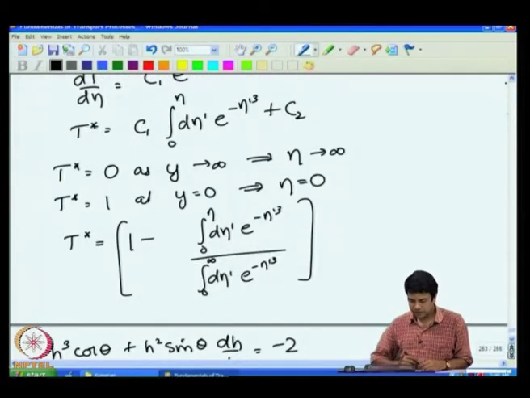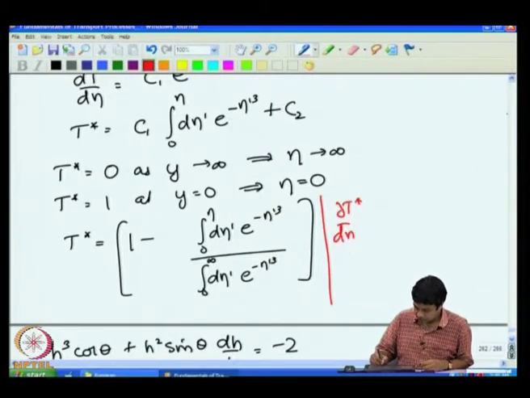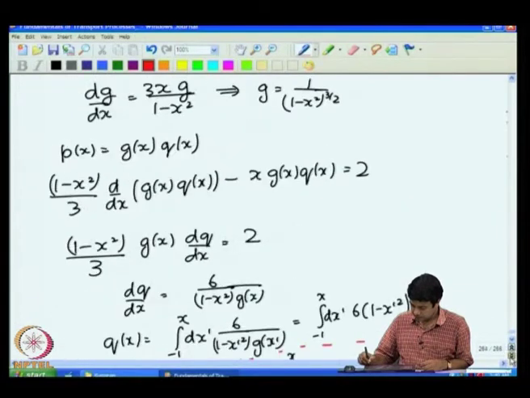And then I have an expression for T in terms of eta. Okay. And therefore, in this expression, if I take one derivative, dT by d eta is equal to minus 1 by integral 0 to infinity. And this can be substituted there.